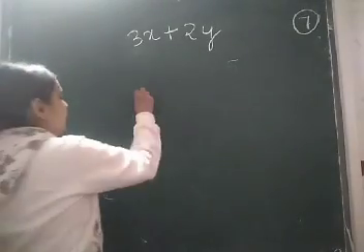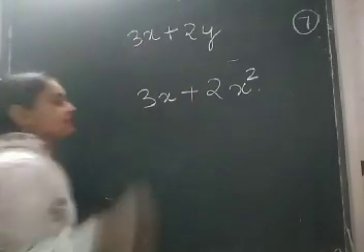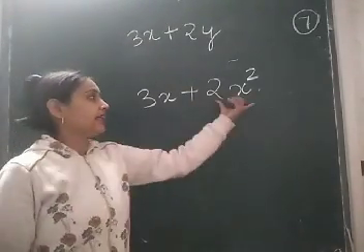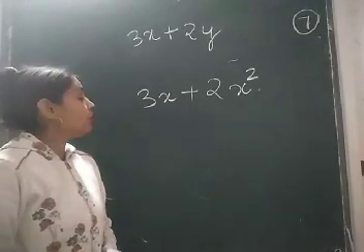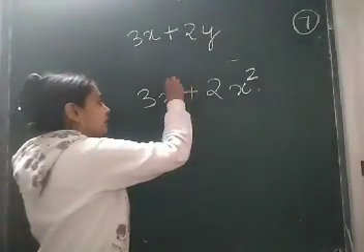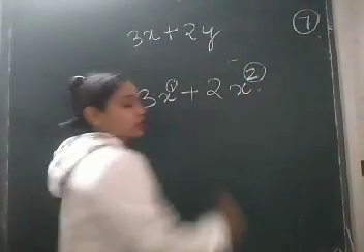Similarly, if you have 3x plus 2x squared, are they like terms? Still they are not like terms. Why is it so? Because here the x power is nothing, meaning it's 1, and here the power is 2.